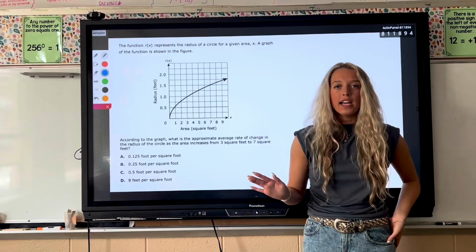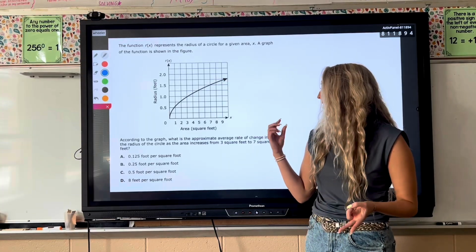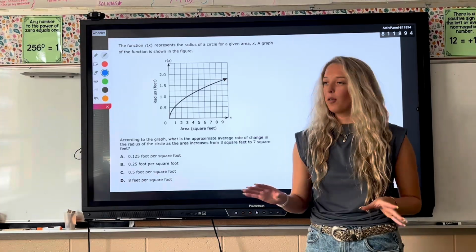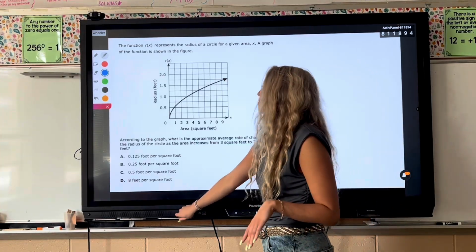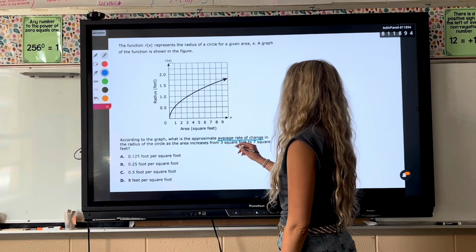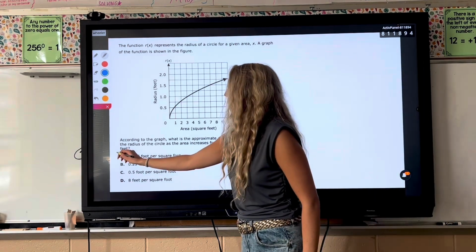So off the bat, we do not need to know anything about circles, about its area, about its radius. None of that matters in this problem. The only thing that matters in this problem is the words average rate of change, and that we're going from 3 square feet to 7 square feet.